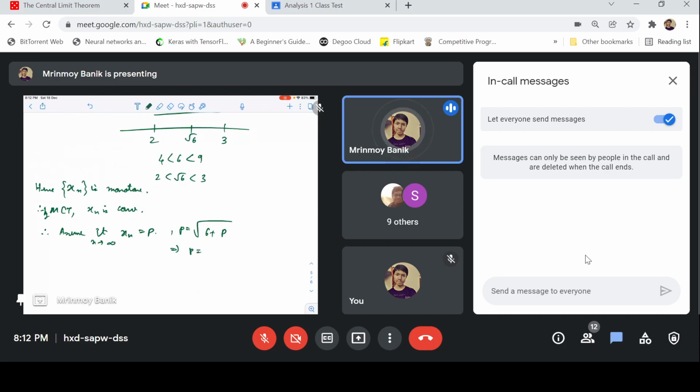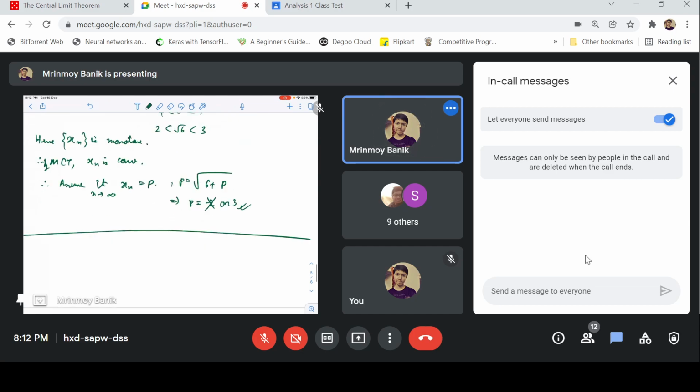So p equals -2 or 3, and -2 gets cancelled as it's not positive. So our answer is 3. So the last one.